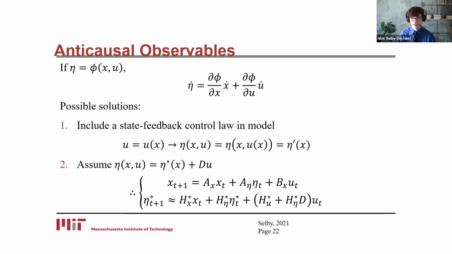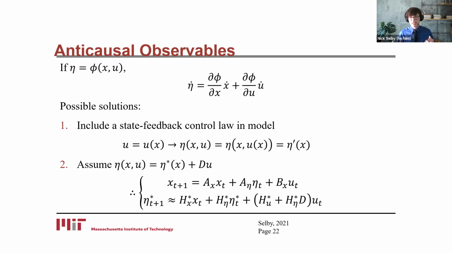This is anti-causal lifting. Now, you can solve that problem by including a state feedback control law in your model. You can say that the control input is dependent on the state, and that basically reduces the problem back to the original Koopman operator theory. And that's nice, but you sometimes want to model systems with inputs that are truly exogenous.